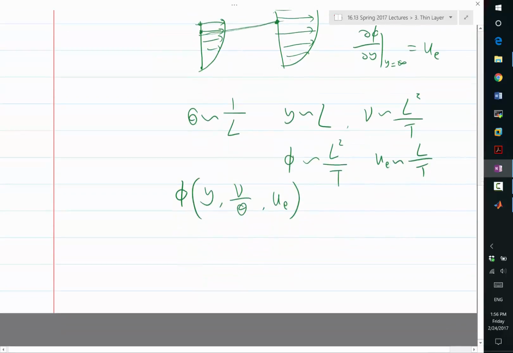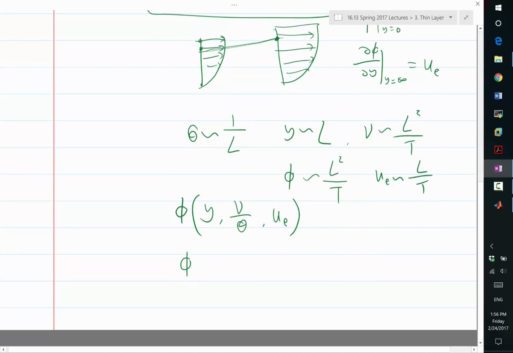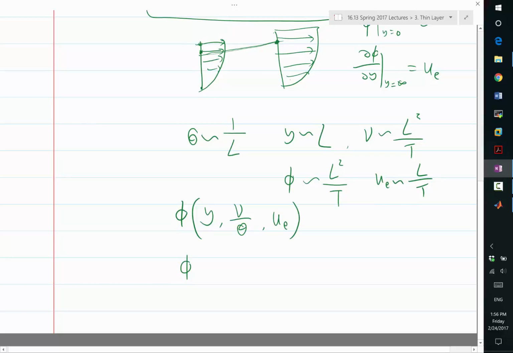So that means if I non-dimensionalize things appropriately, so phi, if I non-dimensionalize it with something, right? You can do the math we did last lecture to find out what is the non-dimensionalizing coefficient. So phi has this unit, and let me write down the unit of nu over theta.